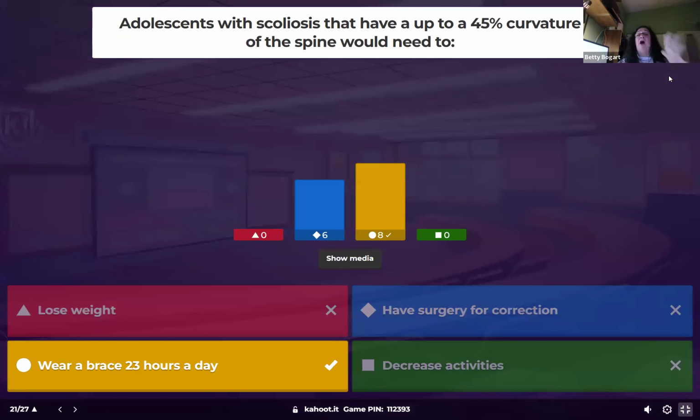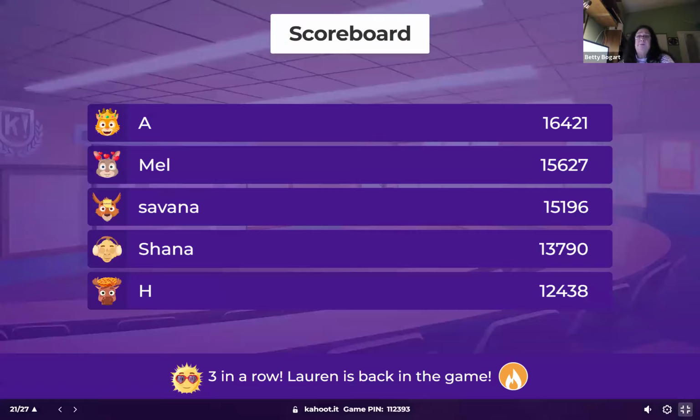So when we have up to that 45-degree curvature, it's going to be putting on a brace and wearing it 23 hours a day with a white cotton t-shirt and physical therapy to strengthen the muscles. Over that, it's going to be surgery. So over 45, they would have to have the rods put in.